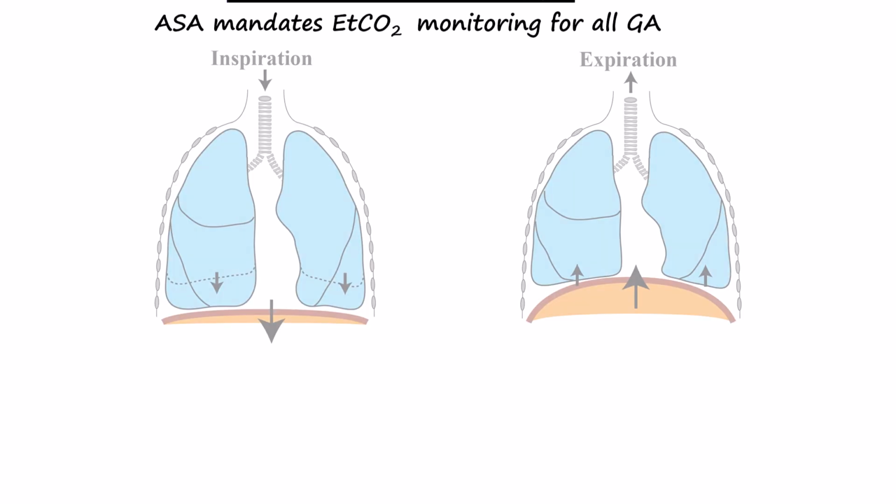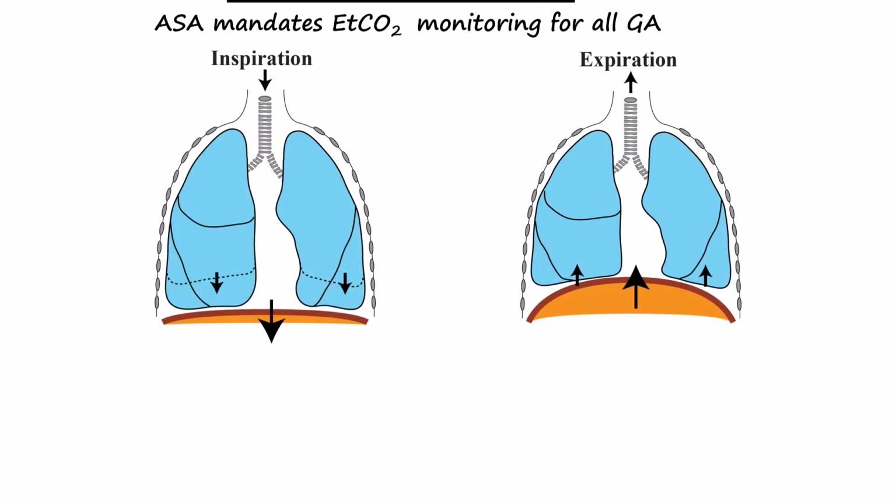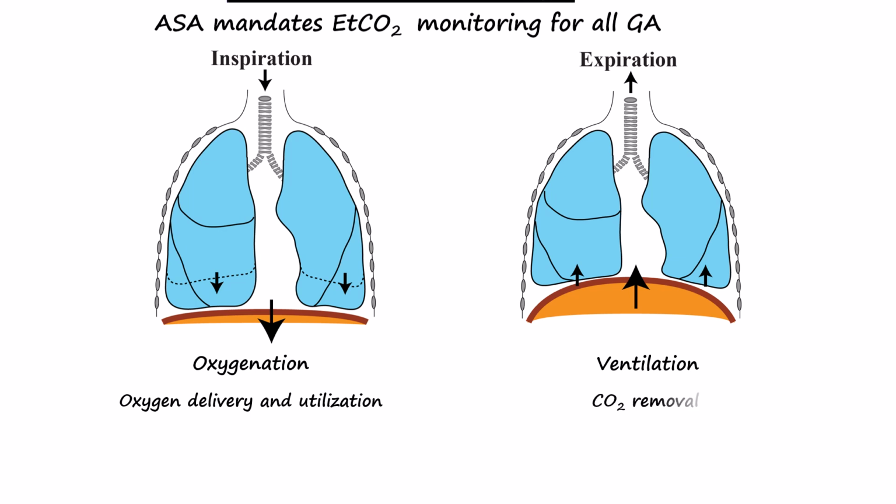For now, it is essential to recognize that the respiratory cycle consists of two main phases, inspiration and expiration. Oxygenation occurs during inspiration and refers to the delivery and utilization of oxygen by the body, while ventilation takes place during expiration and reflects the removal of carbon dioxide produced by cellular metabolism.